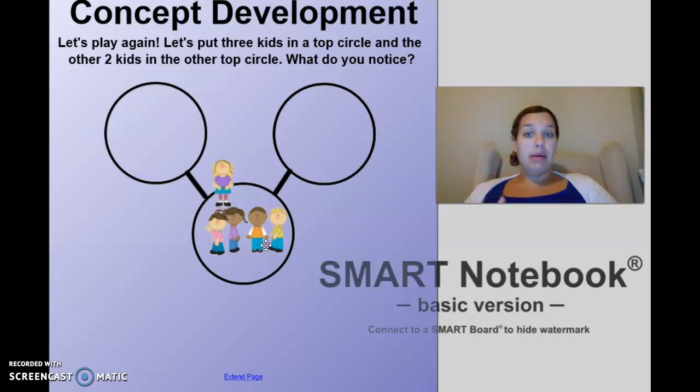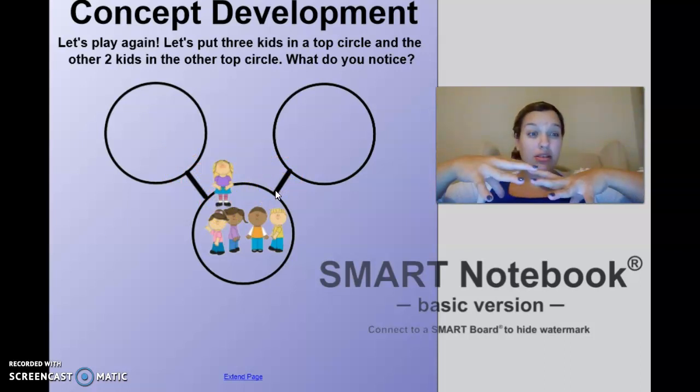What I want you to remember from today's lesson is that when we do number bonds, we're going to have 2 parts, and it's going to equal a whole. Now, your whole is always the circle that has the 2 lines connecting it, and it's because the whole needs the 2 parts.